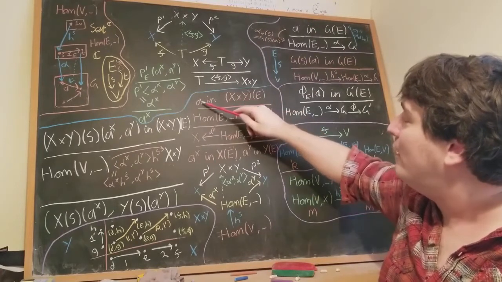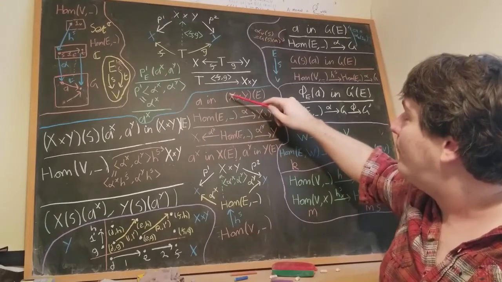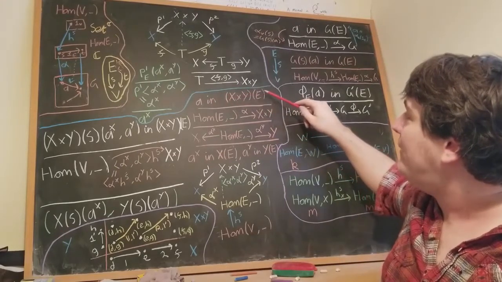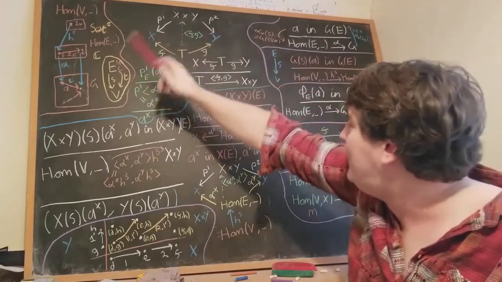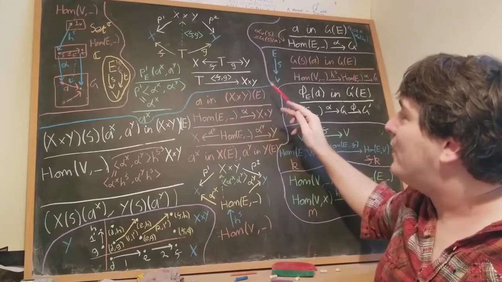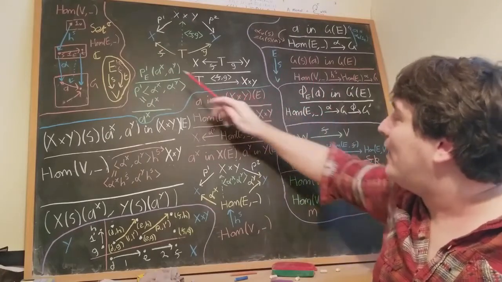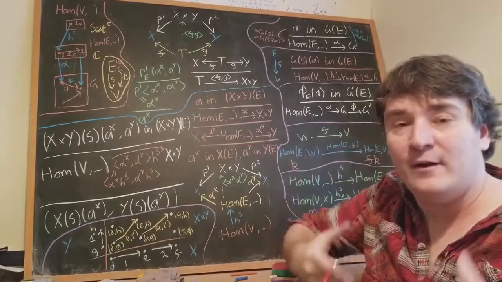In other words, what does it mean for us to have an element A of x times y of E? This is just going to be a functor from C to set, and so x times y of E is what x times y sends E to, and that's going to be a set, and it's going to have elements.